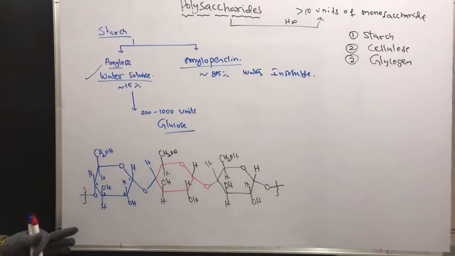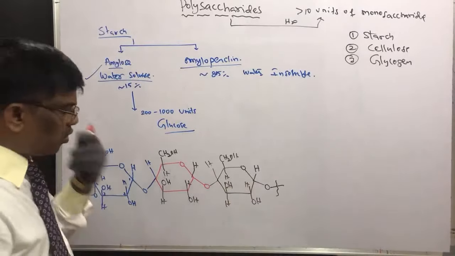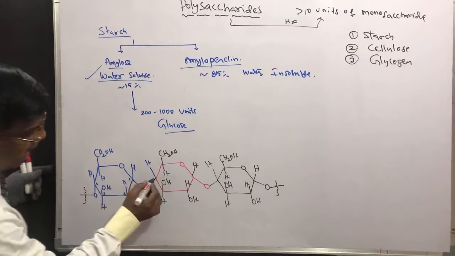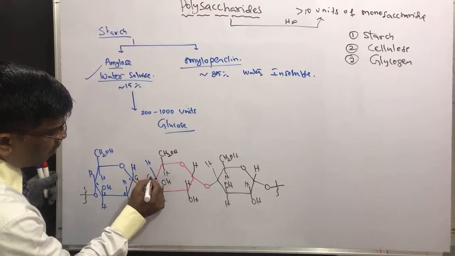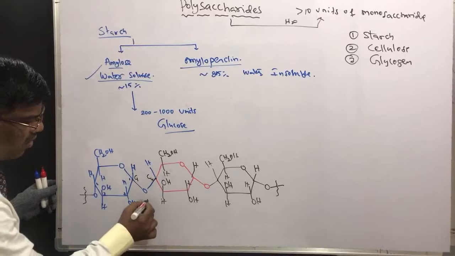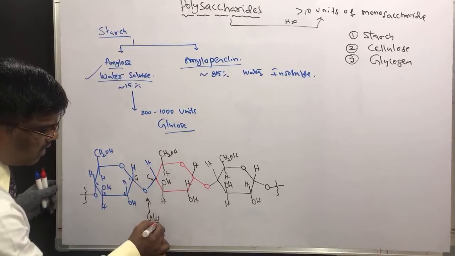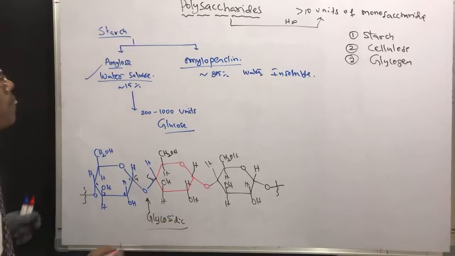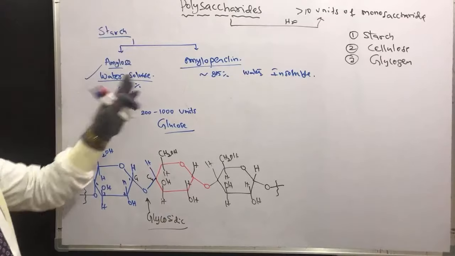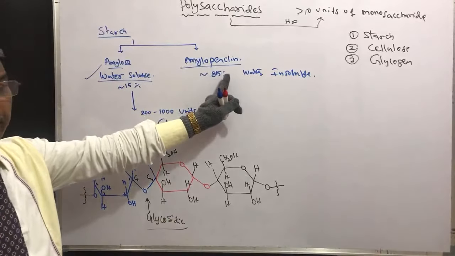Yes, so polymer of D-glucose, alpha D-glucose, and the linkage is C1 with C4. So this is glycosidic linkage. This is how starch is going to have two forms, amylose and amylopectin.